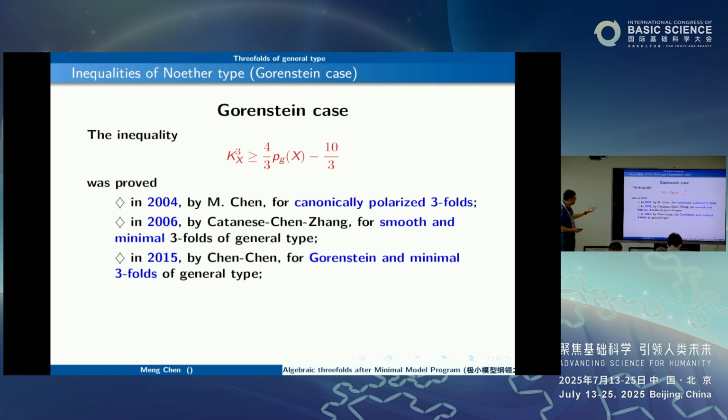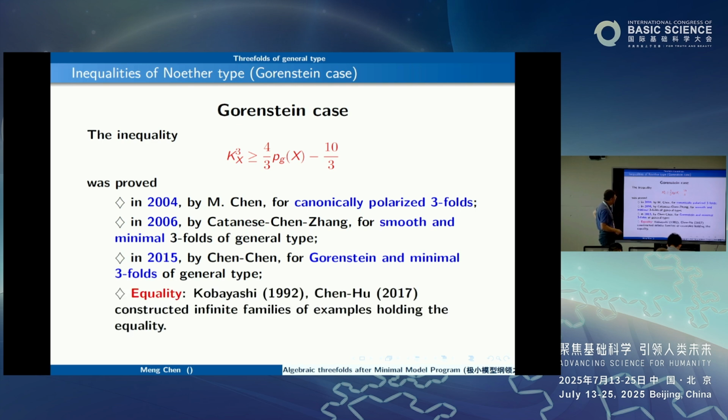This is not a general assumption. A general minimal threefold should not have K_X Cartier. I should also mention why we know that this is optimal.